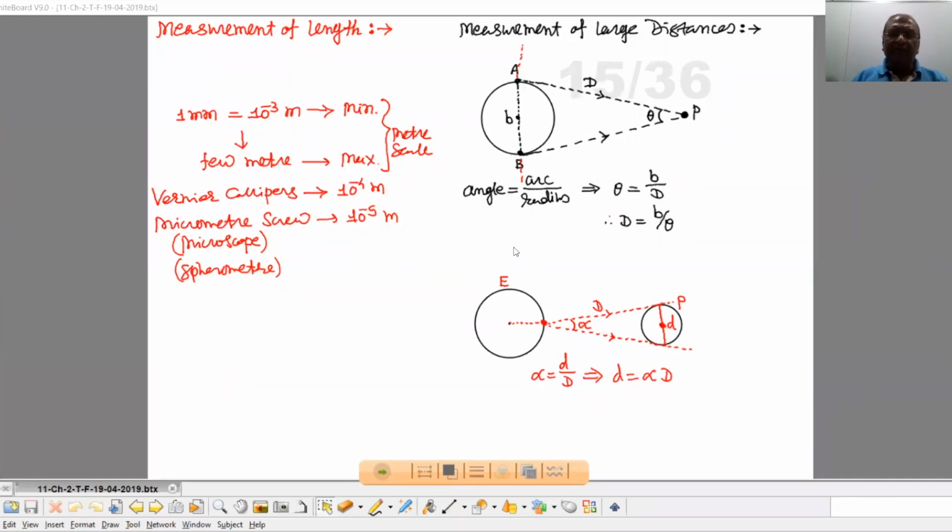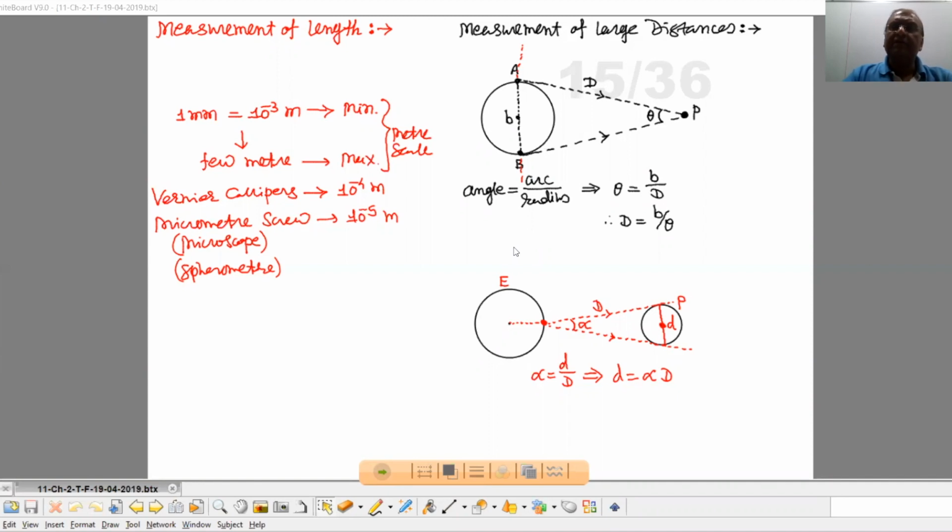Now with the help of that meter scale, the smallest possible measurement is how much and the largest possible measurement is how much? First of all, we have to understand that.